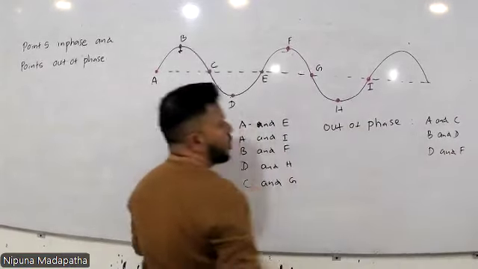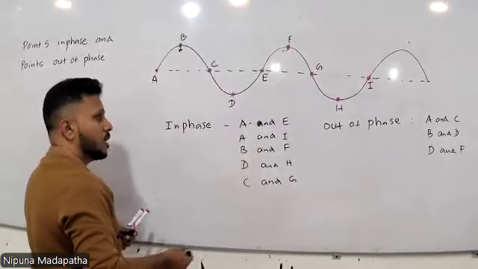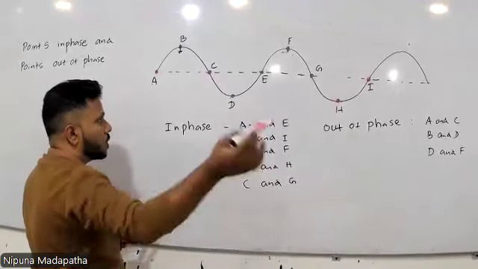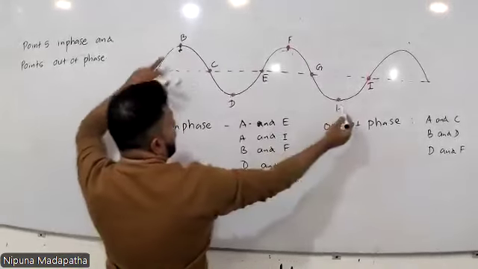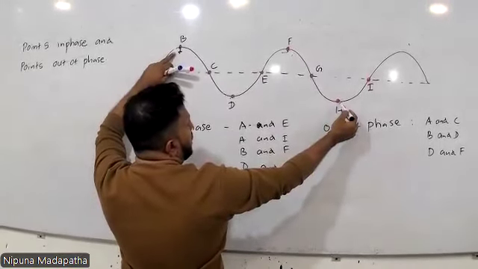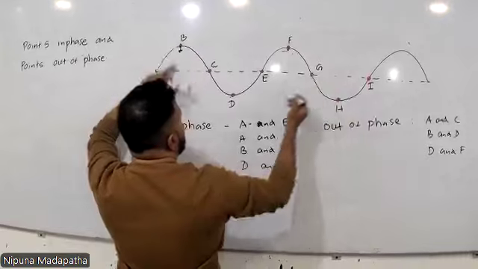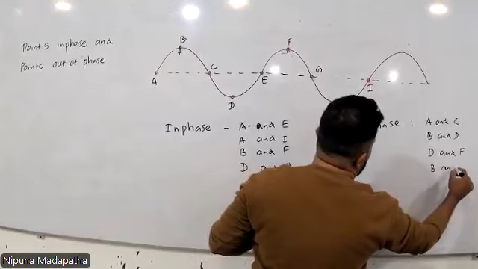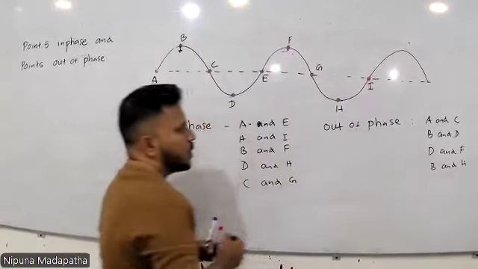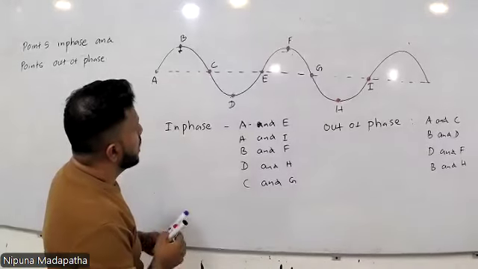The phase difference is pi or an odd multiple, not an integer multiple. B and H: B goes down, H goes up. So what kind of motion do B and E have?